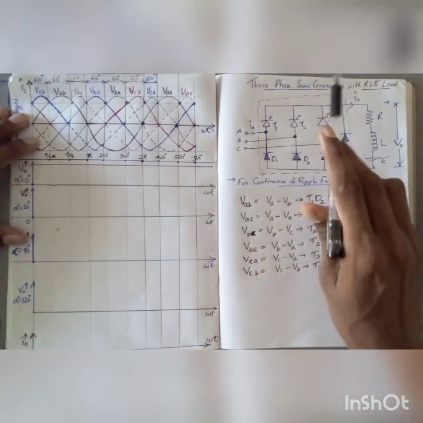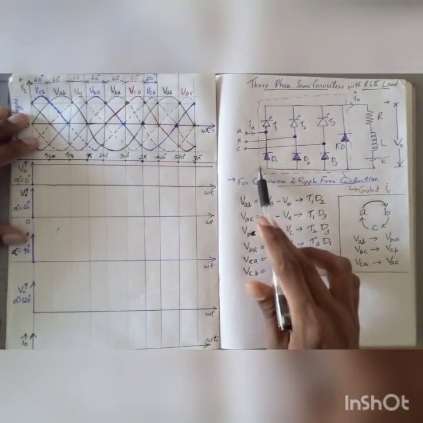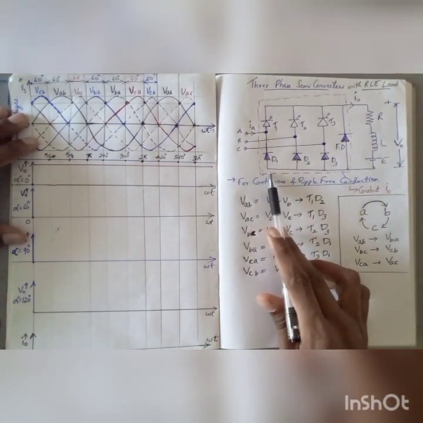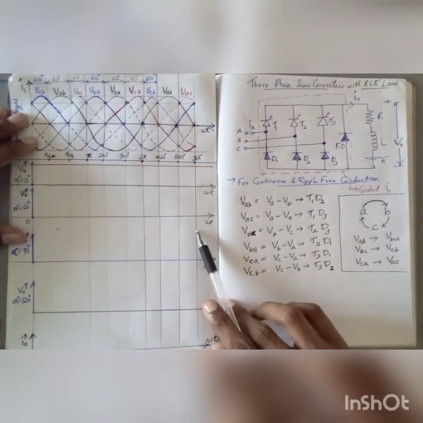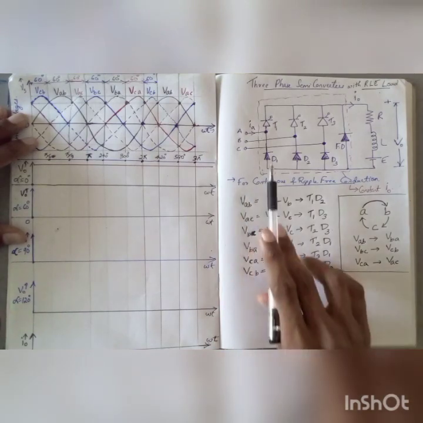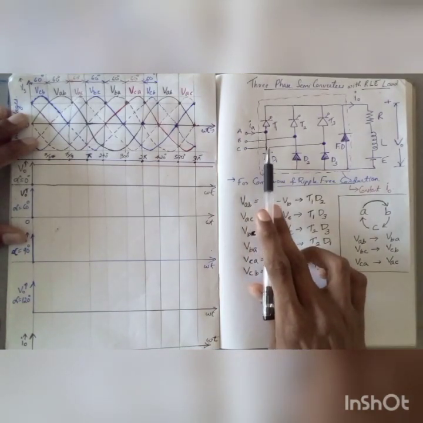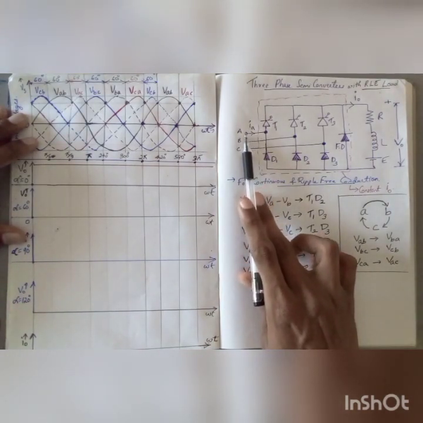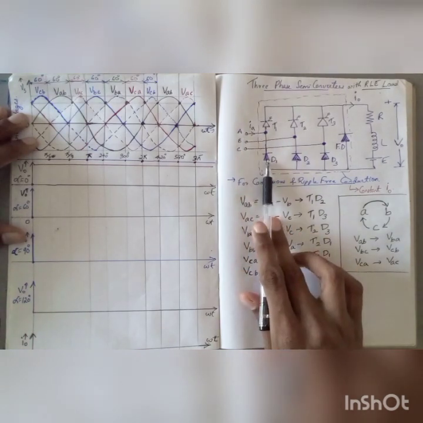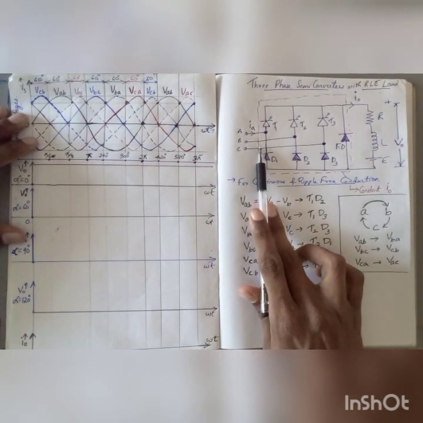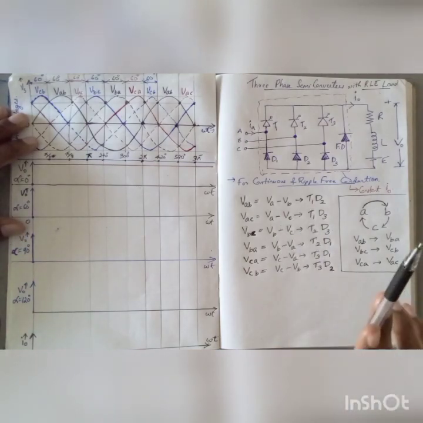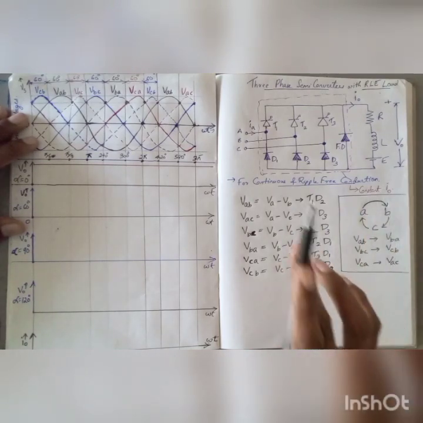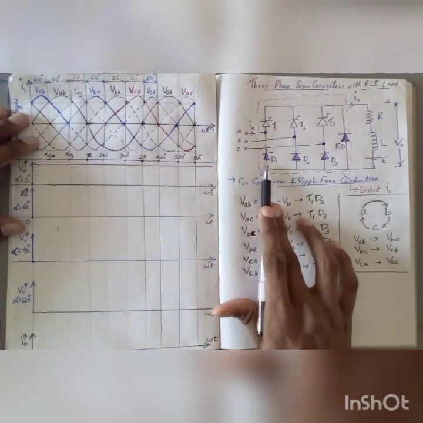So they are called the negative group of thyristors in the case of a three-phase full converter. Then in a three-phase semi-converter, the negative group of thyristors is replaced by simple diodes. Whenever they get the negative cycle of each phase, the diode connected to that phase will conduct. They will not be in forward blocking mode; they will start conducting whenever the voltage corresponding to them is forward.